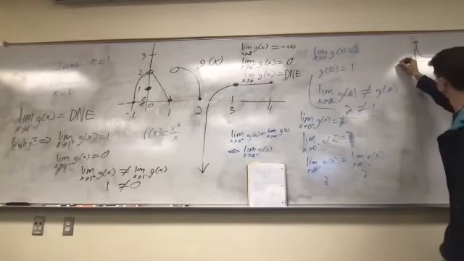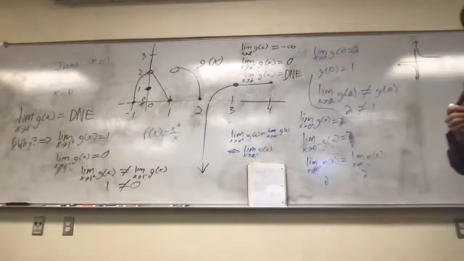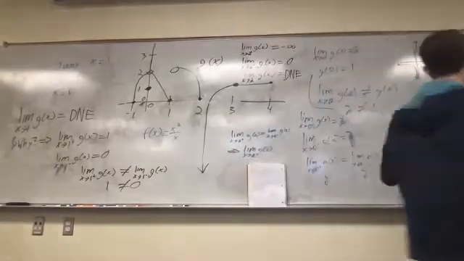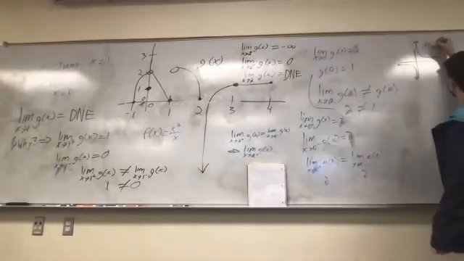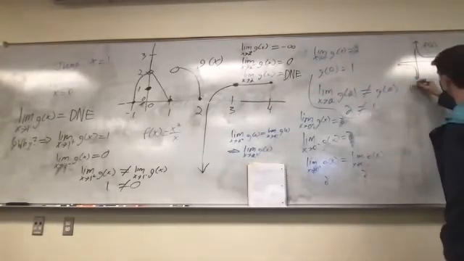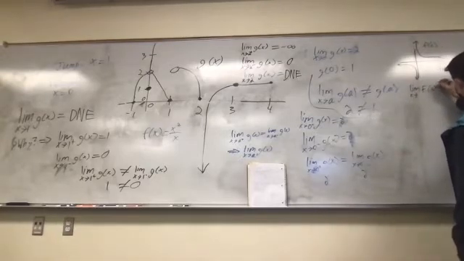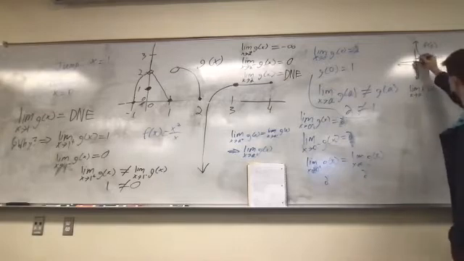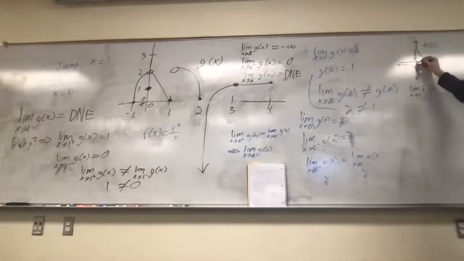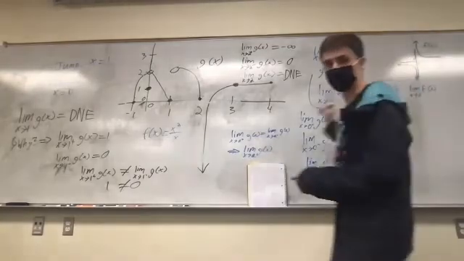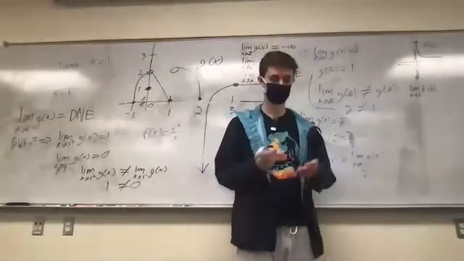If you try to take the limit of that, so say this is f of x, try to take the limit of f of x as x approaches 0, that won't work, right? That's a DNE.